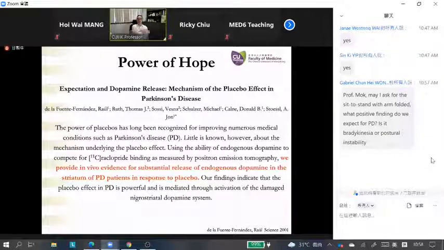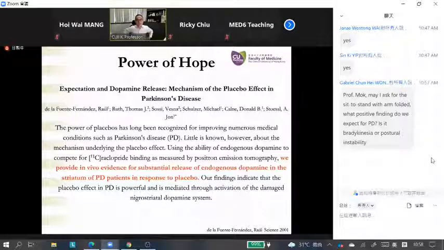Okay, now with the arms folded, if the patient stands up, this is the test for truncal mobility. This will depend on the truncal muscle, bradykinesia, and rigidity.